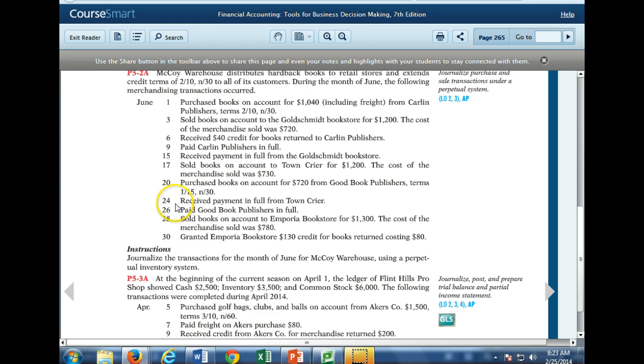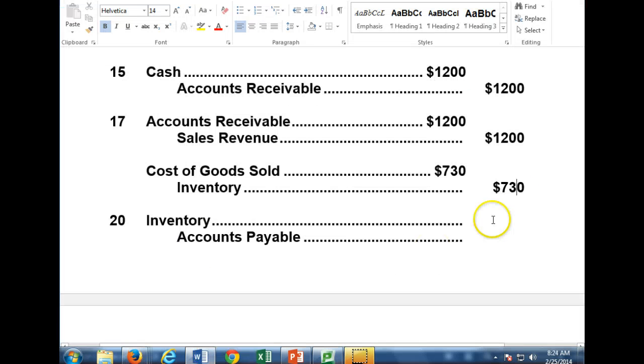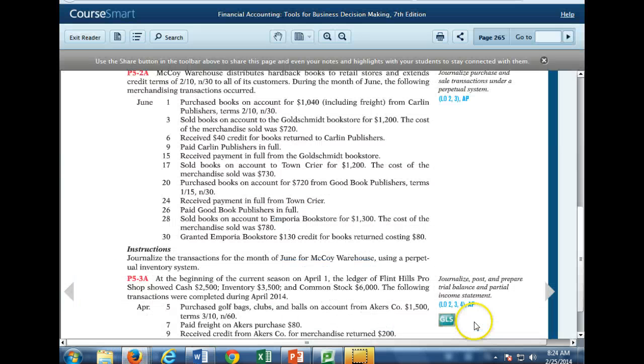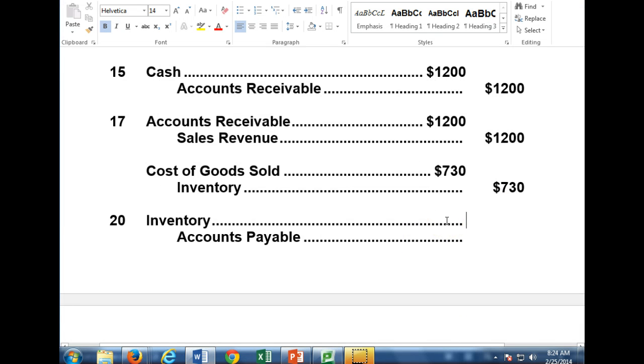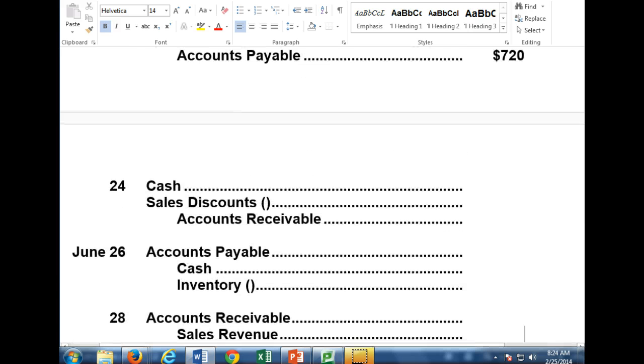Did we take advantage of the discount? So we are going to, what am I doing wrong? The 20th. Purchased books on account for $720 from Good Book Publishers. I'm jumping ahead of myself. So here's where we're going to show the inventory increase of $720. We're going to show the accounts payable there of $720.